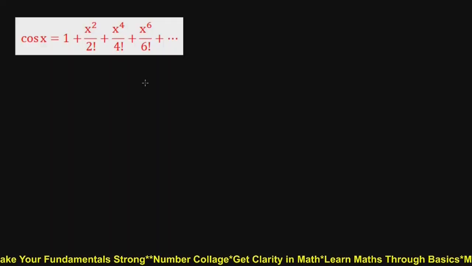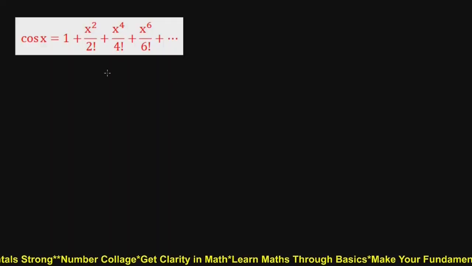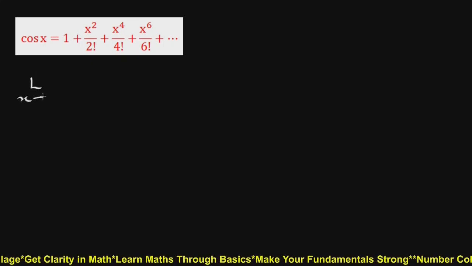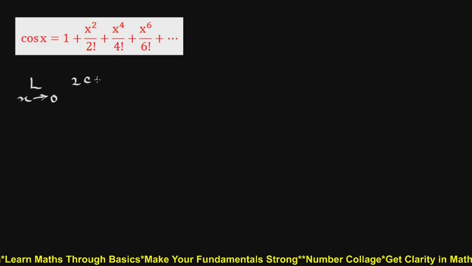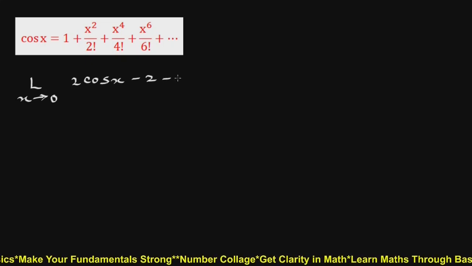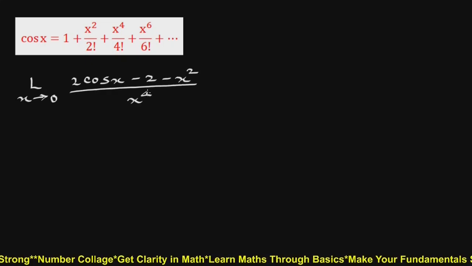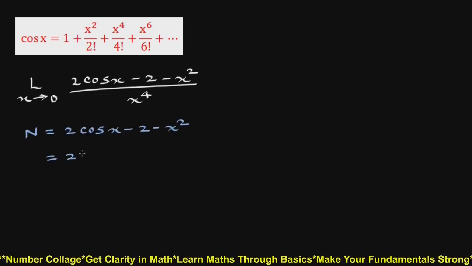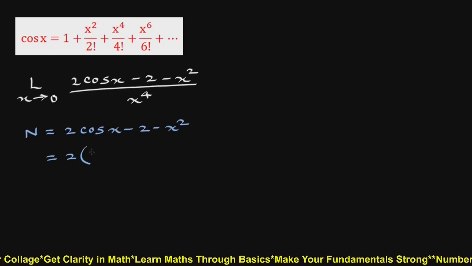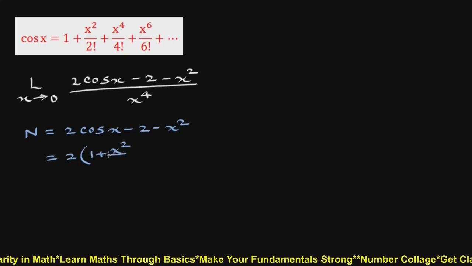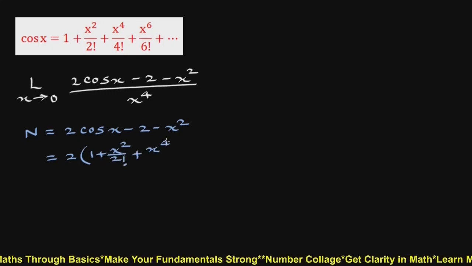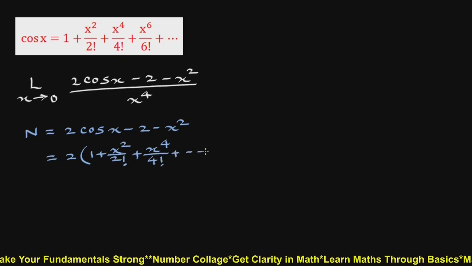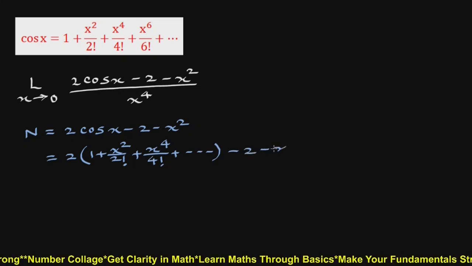In the first example, we will use expansion of cos x to solve this limit as x tends to 0 of (2 cos x minus 2 minus x square) upon x raised to 4. We will solve the numerator first. 2 into expansion of cos x: 1 plus x square upon 2 factorial plus x raised to 4 upon 4 factorial plus so on and so forth, minus 2 minus x square.